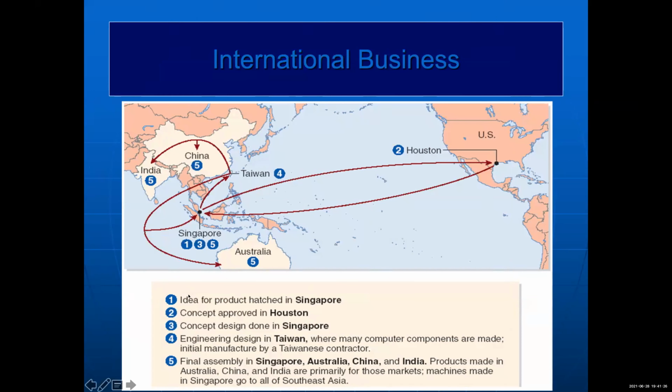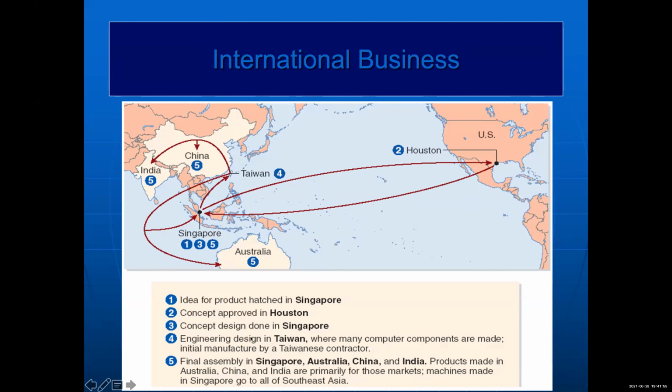And what this is really showing you is what I would call the international business process or the chain. So the idea, number one, the idea for the product is developed in what? Singapore, right? Then the concept is approved in America, in Houston, Texas. Then where's 3? Then the concept design is done in Singapore. So the idea is developed here, but the design of the idea is finalized in Singapore, what some people call a prototype.